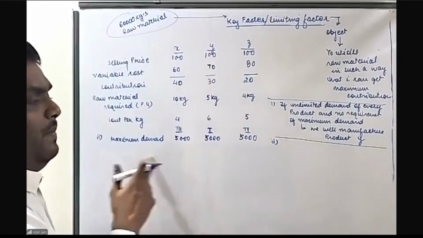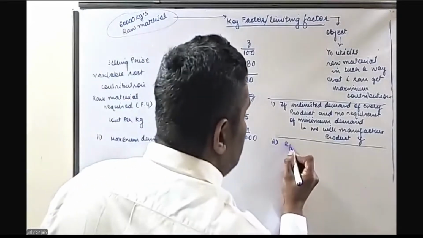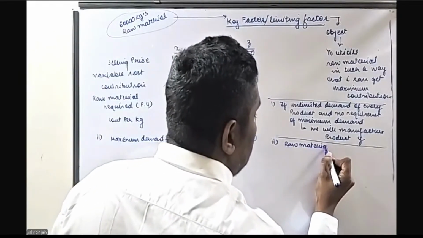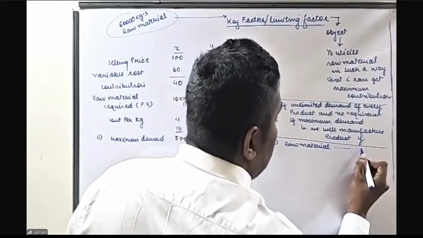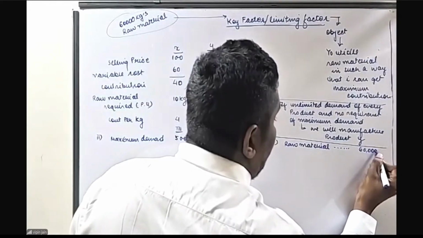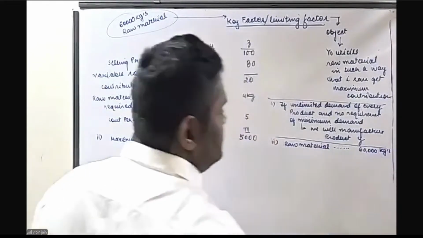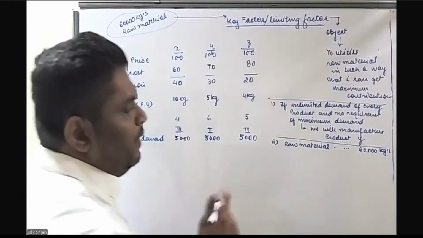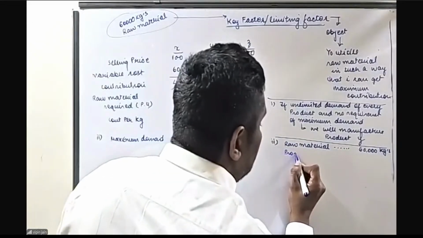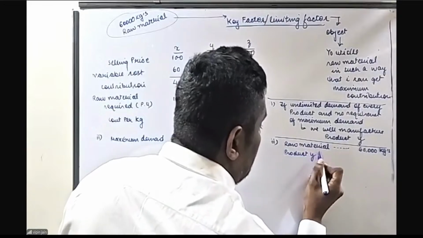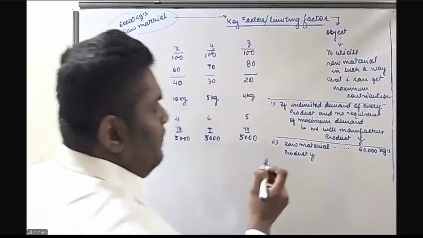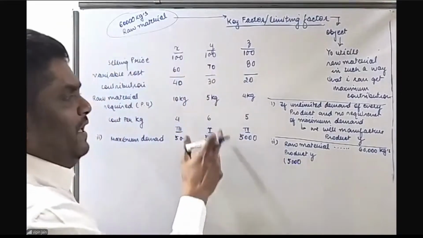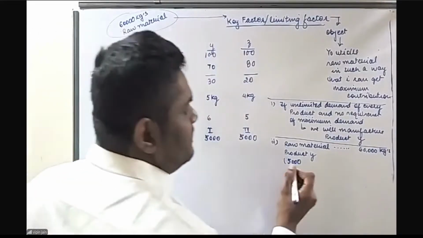Since the maximum demand is 5,000, see, we have raw material availability of 60,000 kgs. So we will first fulfill the demand for product Y. Product Y will manufacture all 5,000 units, and every unit requires 5 kgs.